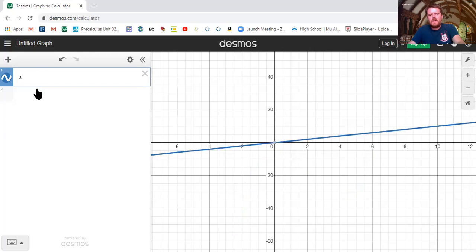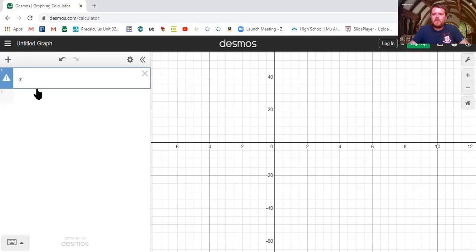So if you have an even degree polynomial like x squared, and you have a leading coefficient that is positive, like 1 here, from the origin or from the center, it is both rising to the left and rising to the right. If you have an odd function, like x cubed, then it is falling to the left and rising to the right.